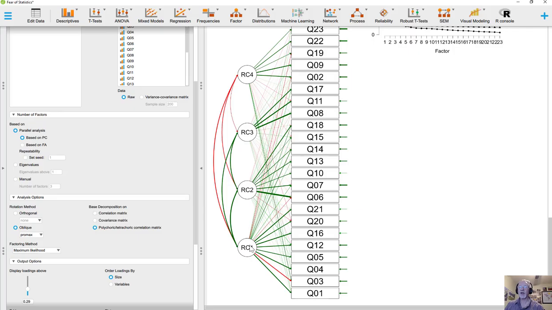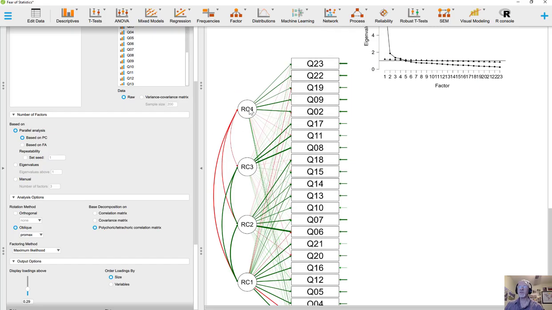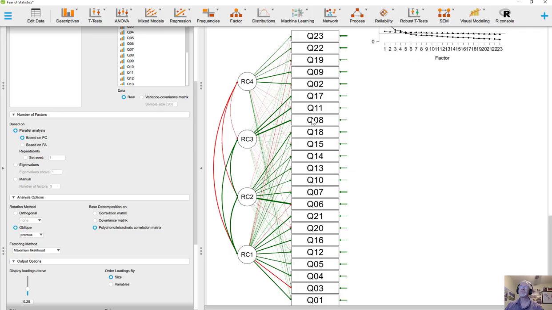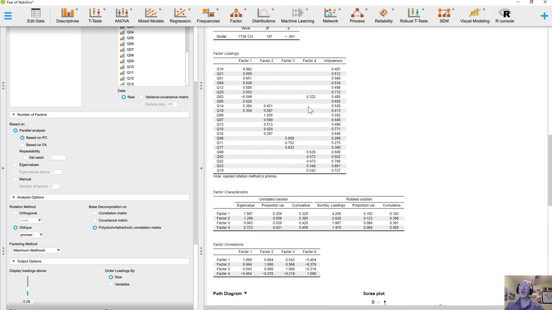Then you have the strength of the loadings represented with each of these circles representing what are called latent constructs that are hypothesized to be causing the score on the items. Hence, since it's hypothesized as a common factor that's causing responses on the items, the arrows go from the latent constructs over to the items.